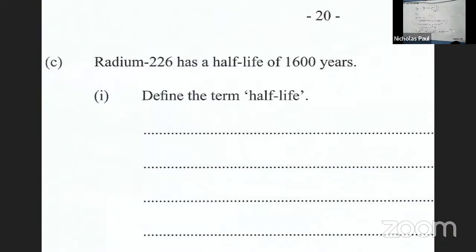Right? Write down the half-life, write down what it is, and write down the half-life of radium. What's the definition? Time taken for half of the present element to decay.